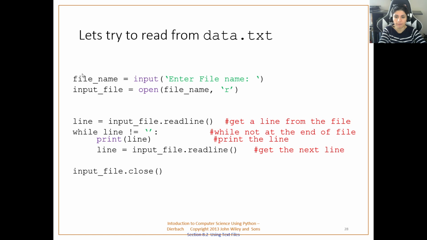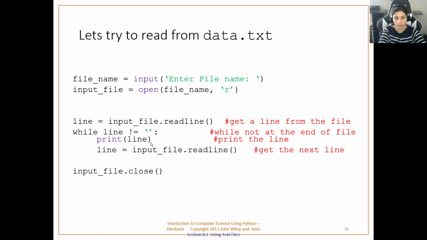You are getting a file name from the user and you're opening a file that you plan to read from. So open the file name that you got from the user, and you're opening it to read from it. You are storing that file object into this variable, input_file.